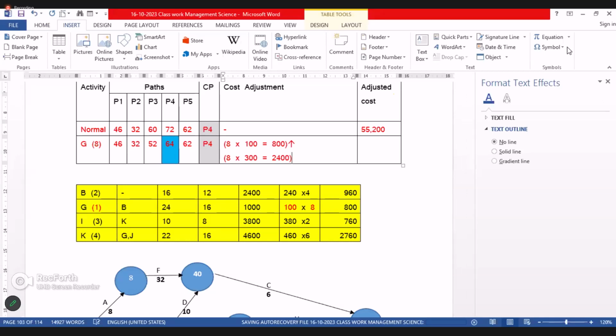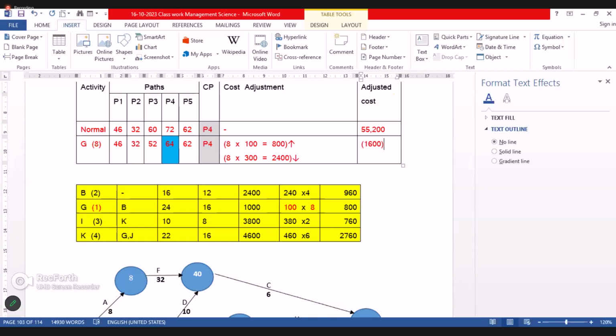What is the net effect? 2,400 minus 800, the net reduction is 1,600.